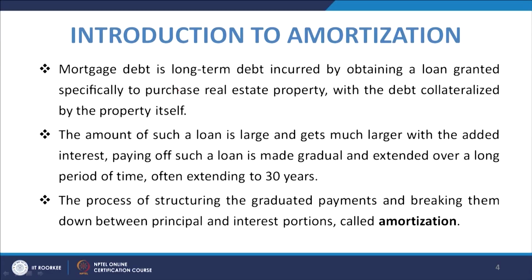When we have to purchase large properties, we have to take a loan, with that debt collateralized by the property itself. This type of debt is known as mortgage debt, and since it is very large, normally about 30 years, paying off such a loan is made gradual and extended over a long period of time, around 30 years.